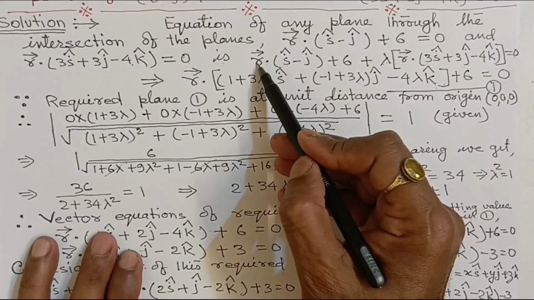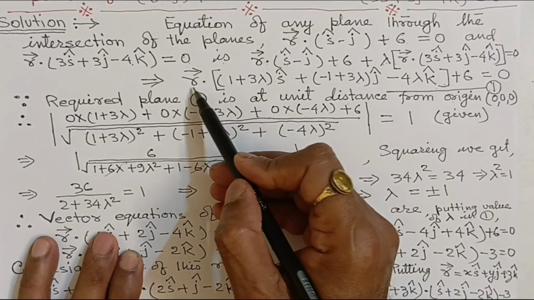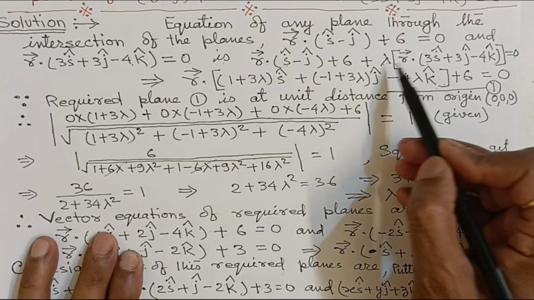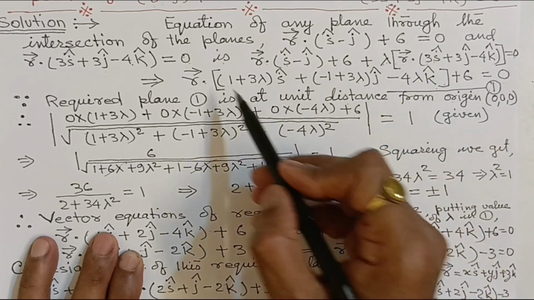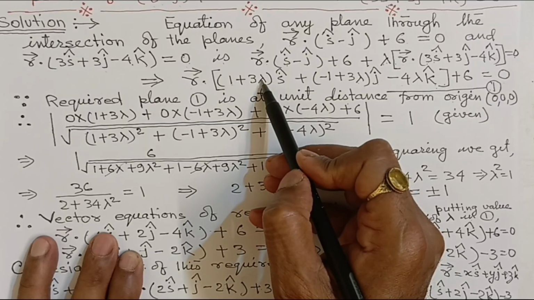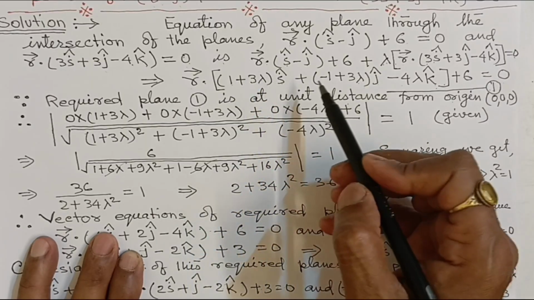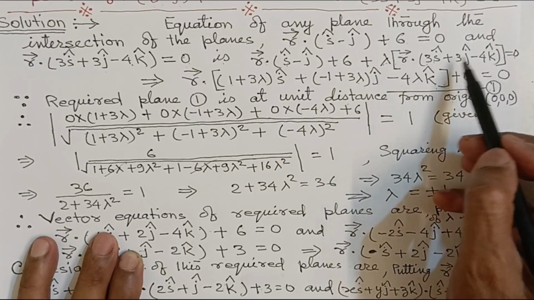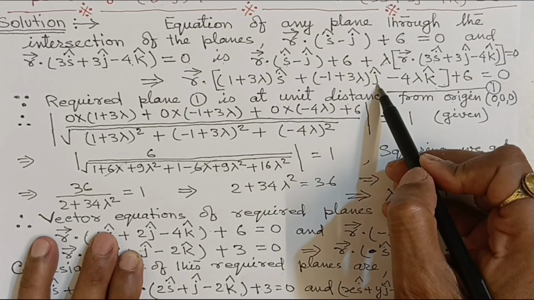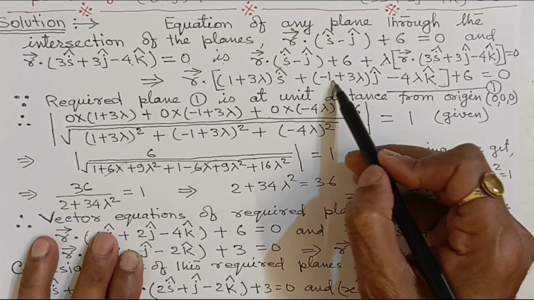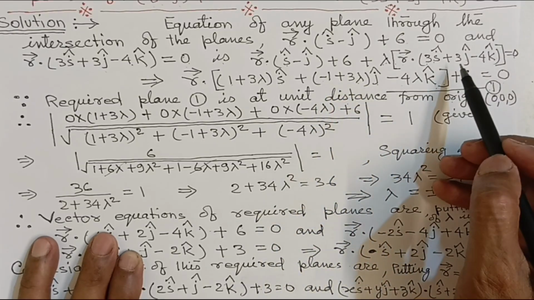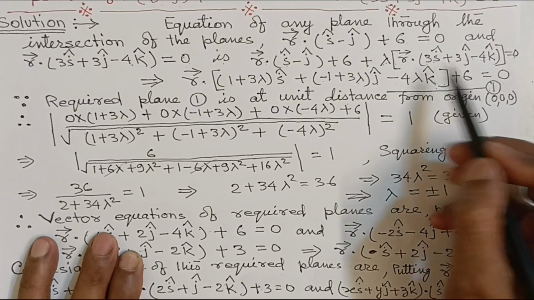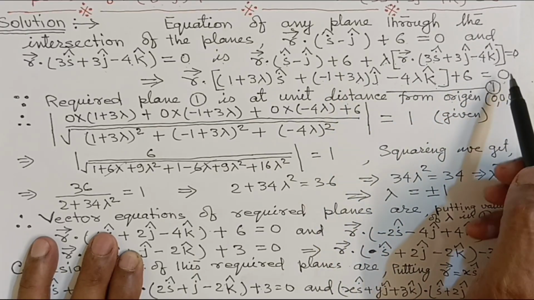Solving it, we get vector r dot, taking i common, (1 plus 3 lambda) i, minus j plus 3 lambda j common, (minus 1 plus 3 lambda) j, minus 4 lambda k, plus 6 is equal to 0.